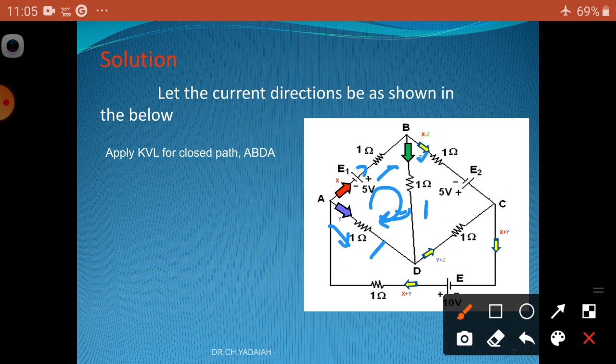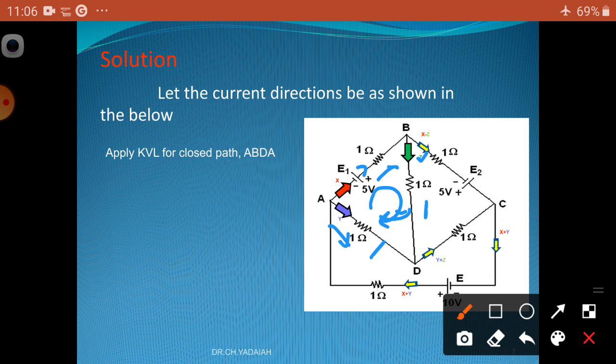Once again, remember that: if the element current and the assumed loop direction are the same, we take the drop as a negative value. If either of the loop current or the element current is in the opposite direction, both in reverse, we take the drop as a positive value. Same we are going to apply here.